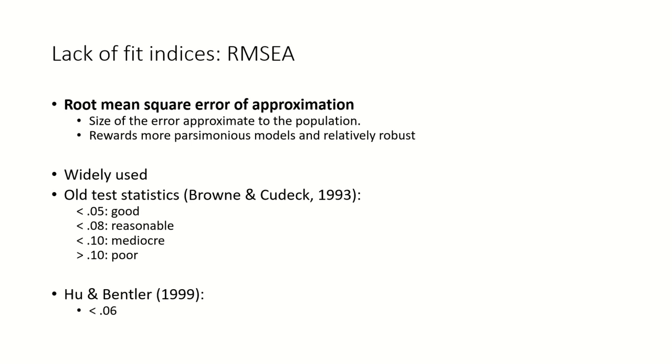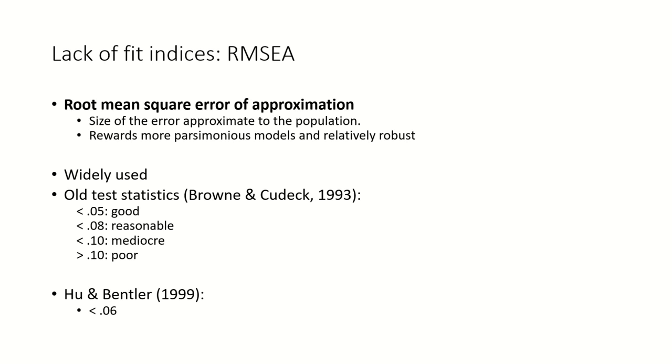A second lack of fit index is the RMSEA, which is the root mean square error of approximation. That's quite a mouthful, so a lot of people just say RMSEA. It is similar to the SRMR, the standardized version, but it takes into account the complexity of the model and it does some kind of magic adjustments. You don't need to know the details.